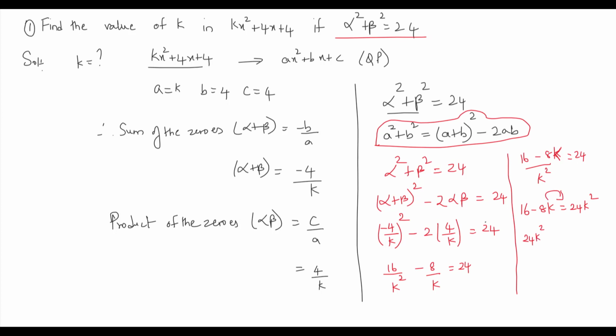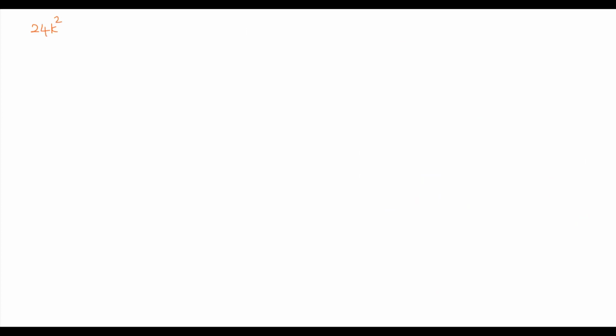Taking 8k to that side will become plus 8k, and taking 16 also to that side becomes minus 16k, equated to 0. So now this is in the form of a quadratic equation. We have to solve this by using our splitting method. 24k square plus 8k minus 16 is equated to 0.